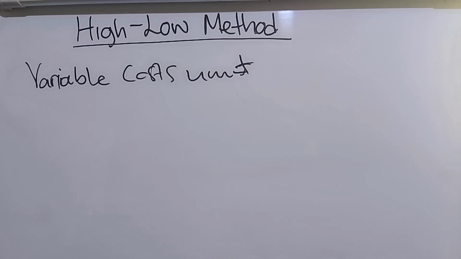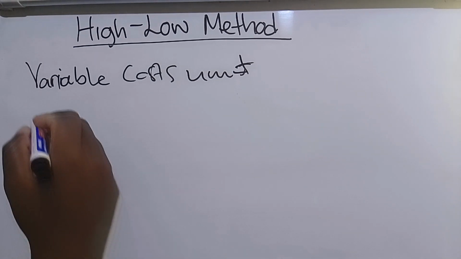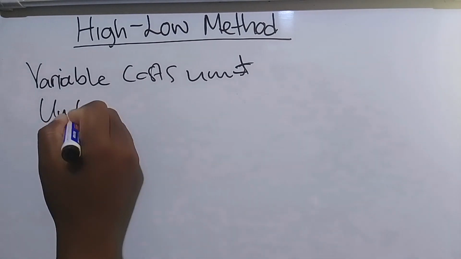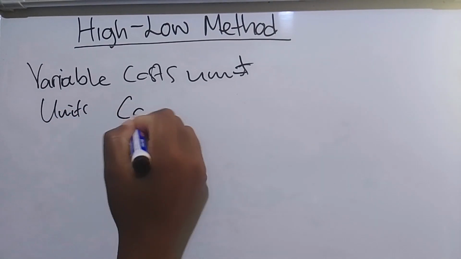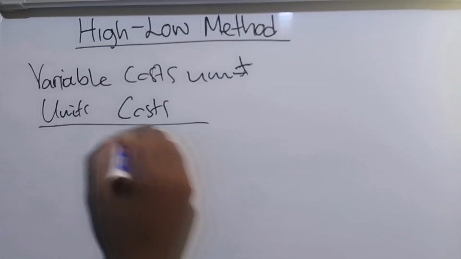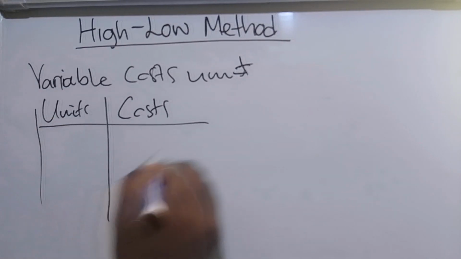Okay, so today I'm going to use an example to explain how the high-low method works. I've got an organization here, and this organization is producing products.